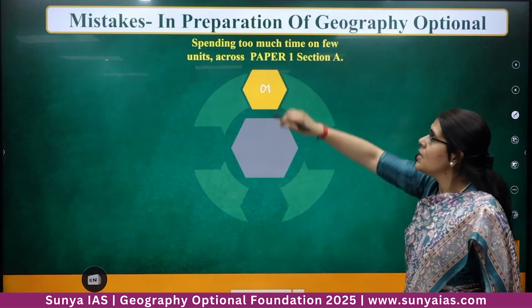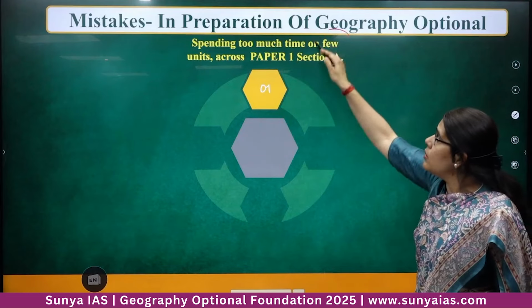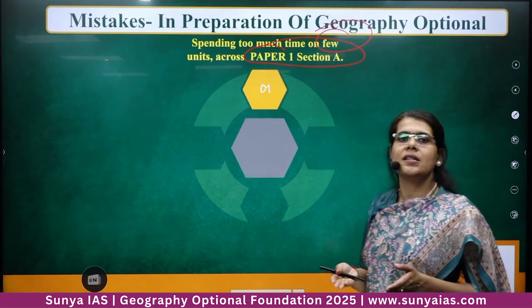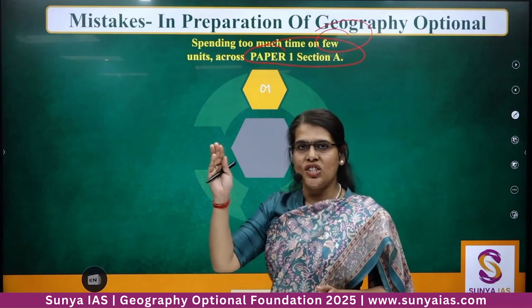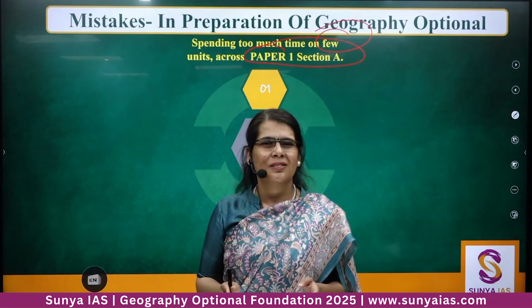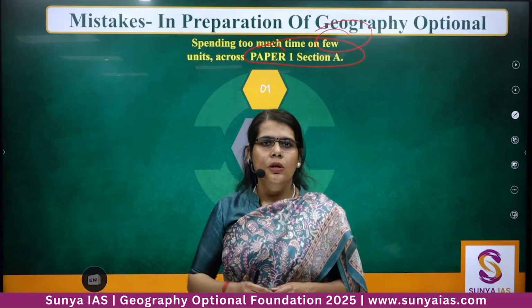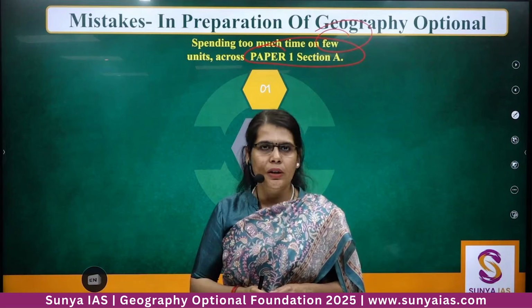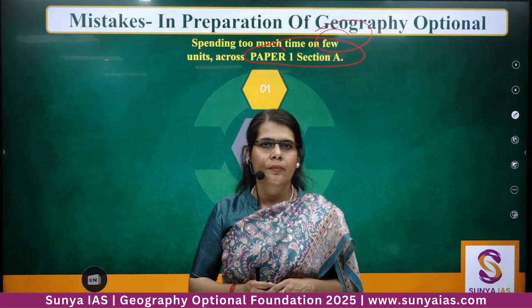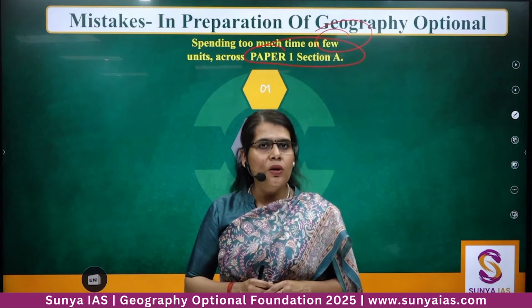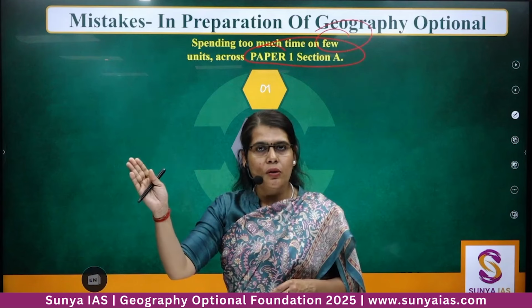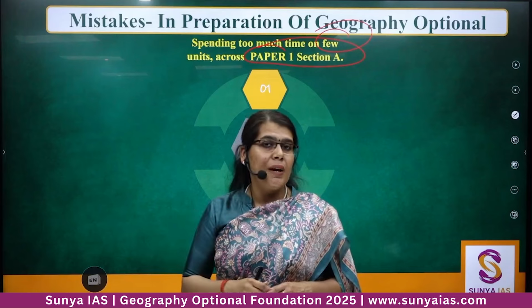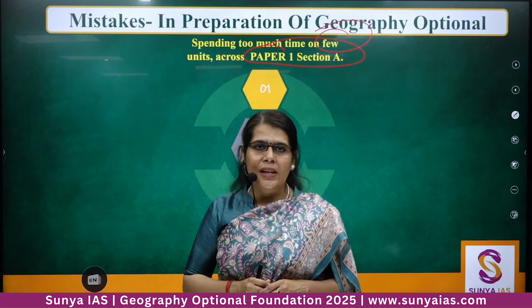First mistake is spending too much time on only a few units across paper 1 section A. Now just as mentioned, paper 1 has section A and section B. Students generally tend to focus more on topics like geomorphology, oceanography, climatology, and that's it. And apart from that, they focus on topics around human geography like economic geography, the unit of thoughts, regional development and planning, etc. That is very less.